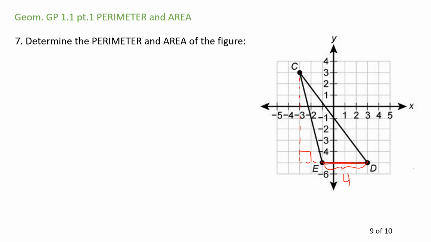Even though the altitude on this one is outside the triangle, doesn't matter. The altitude is 1, 2, 3, 4, 5, 6, 7, 8. So the area, 1/2 base of 4, altitude of 8. Is that 8? 16.